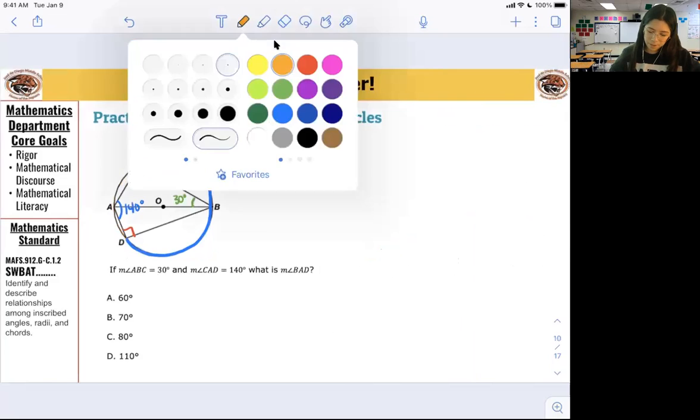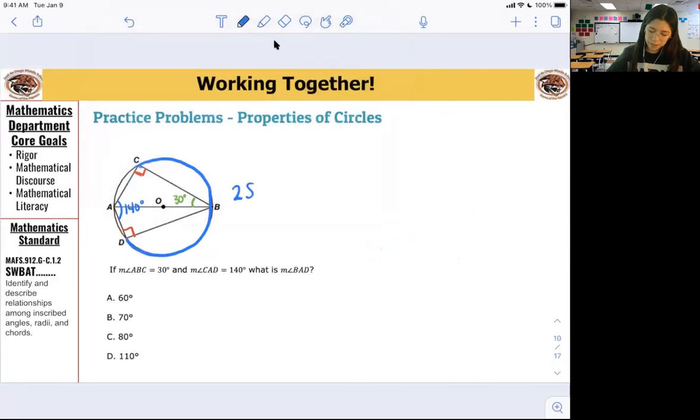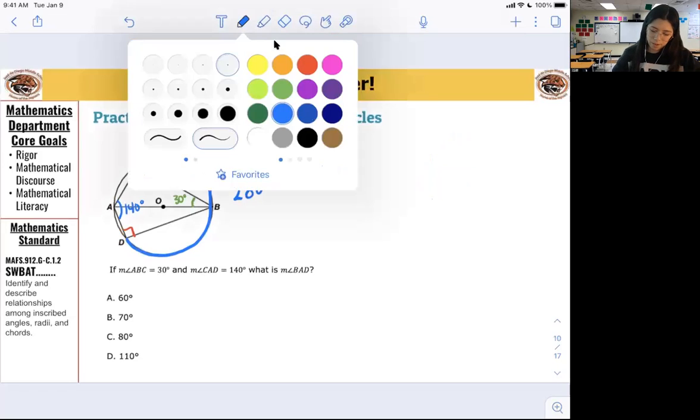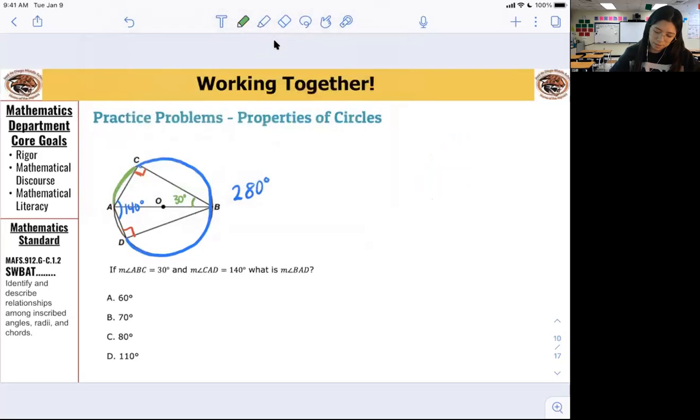Arc CBD is 280 degrees. Why? Because angle CAD is 1/2 of arc CBD. 140 is 1/2 of 280. Arc AC, 60 degrees. Why?